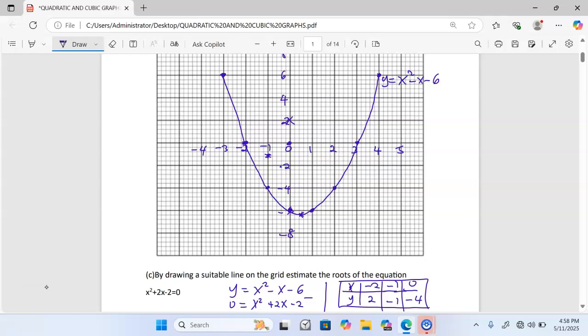And when the value of x is 0, y is -4 at this point here. So we can plot this point here. When the value of x is 0, we are going to have it here.